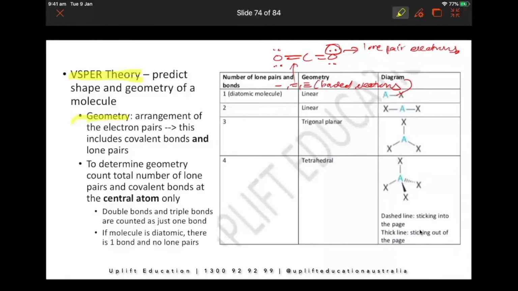So looking at geometry first, which is the arrangement of all electron pairs, to determine the geometry, all you have to do is count the total number of lone pairs and covalent bonds at the central atom. So just at the central atom. The only thing is that double bonds and triple bonds are counted as just one bond.